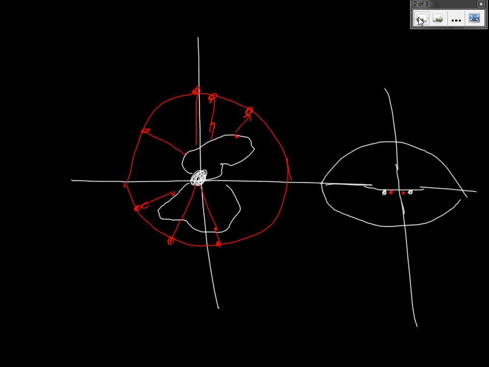And instead of being there and there where you tack down the endpoints of the string, maybe you go here and here, even closer. The closer you get, the closer you will be resembling a circle.